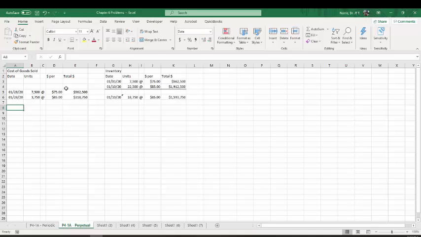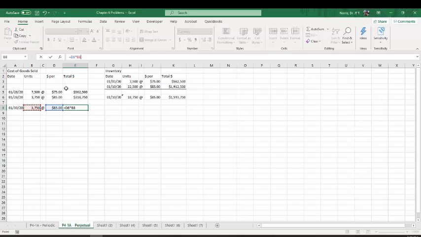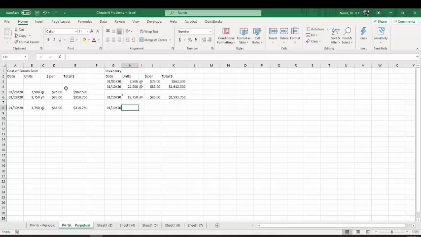Then on January the 30th, we sold another batch of 3,750 units. Well, that batch had to come from the $85 per, and so we've got another 318,750. And what does that leave us out of the January 10th amount? Well, we had 18,750.